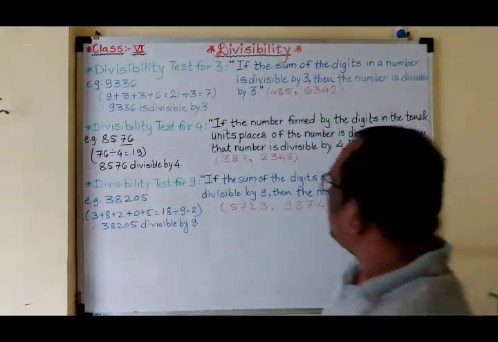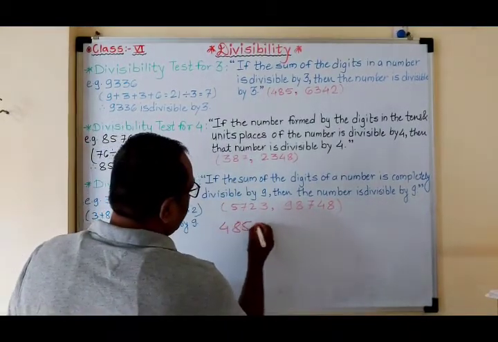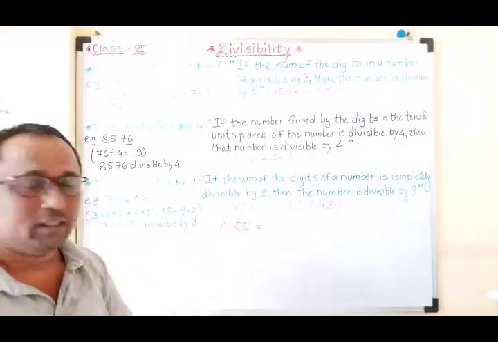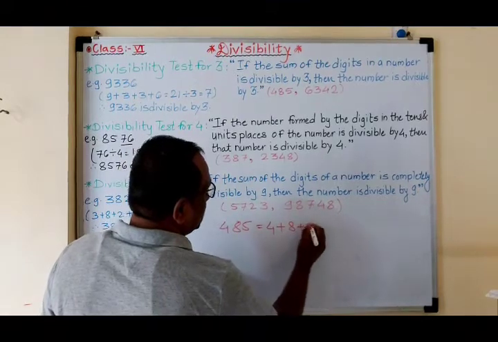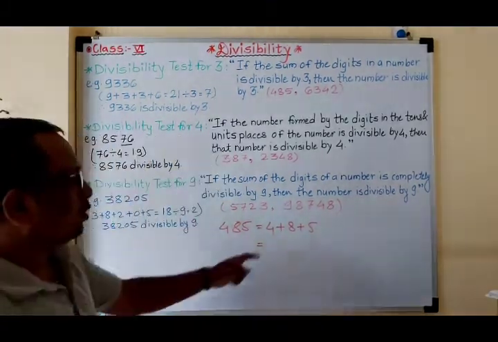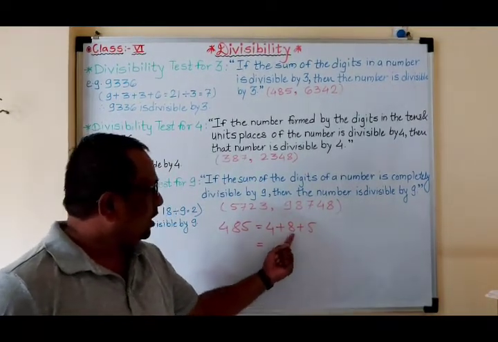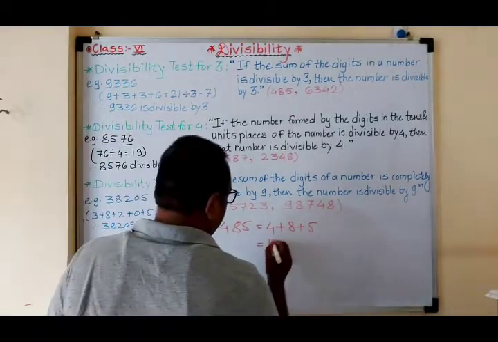We will see the first one, that is 485. What we have to do? In the given number we have to add all the digits. First digit is 4 plus second digit is 8 plus 5. Now we have to add this and write the answer. 8 plus 4 is 12, 12 plus 5 is 17.